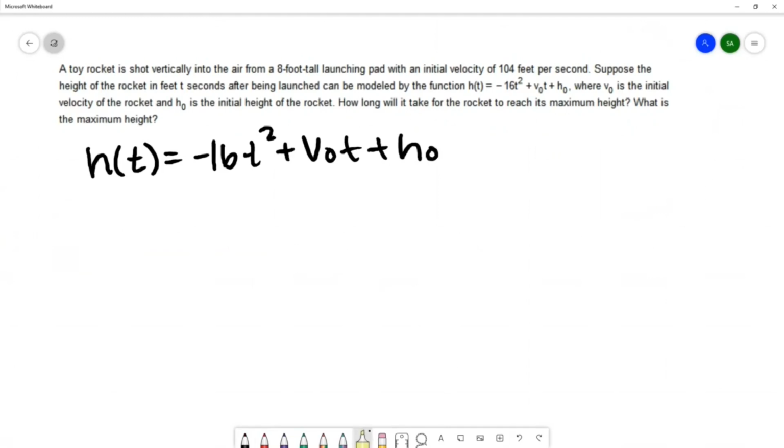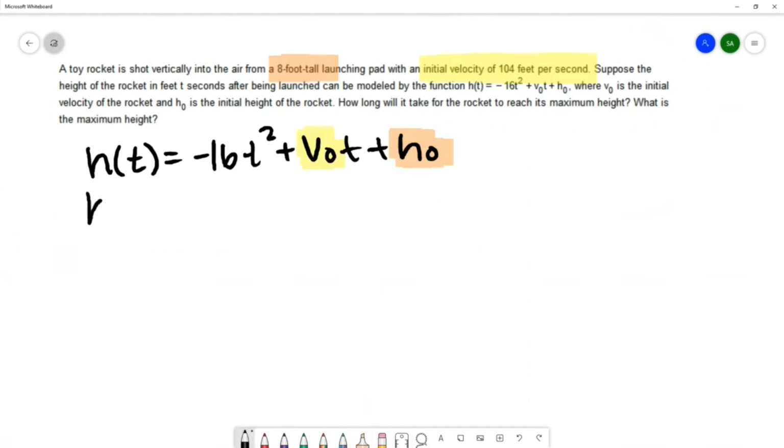And we're told that v naught represents the initial velocity, and we have an initial velocity of 104 feet per second, and we're also told that h naught represents the initial height, and over here we're told that the toy rocket is shot vertically into the air from an 8-foot-tall launching pad. So that represents the initial height. So we're going to be able to substitute these values into the model for this specific situation.